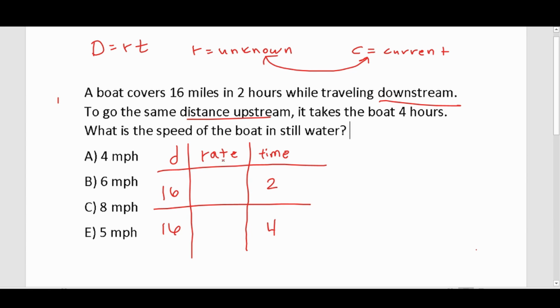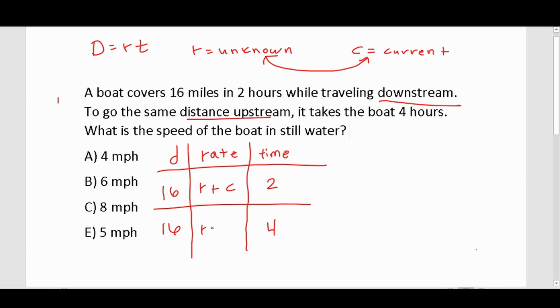Okay? Now, we don't know what the rate was. It's not given. But we do know, as I just mentioned, when you're traveling downstream, the current actually speeds your rate up. So I'm going to represent the rate in this case as rate plus current. Again, that current's speeding you up. And for this case, when we're going against the stream, it's slowing us down.